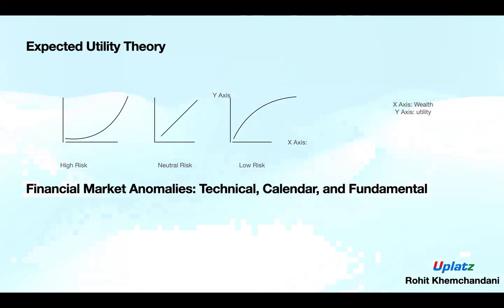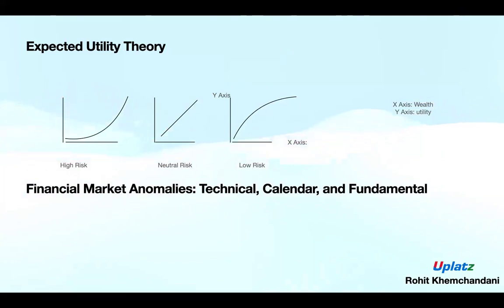This implies that for an increase in expected wealth, the utility function of a risk averse person decreases. So risk averse is the low risk. The curve is going up, but at the same time it is flattening, stabilizing, and it shows that it can come down.